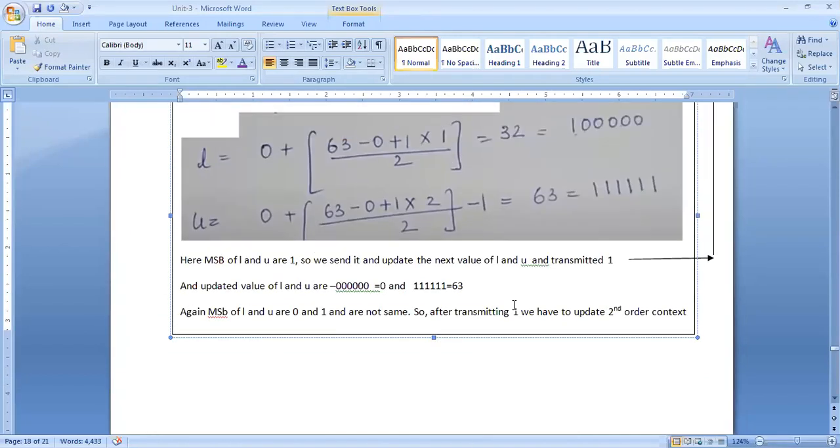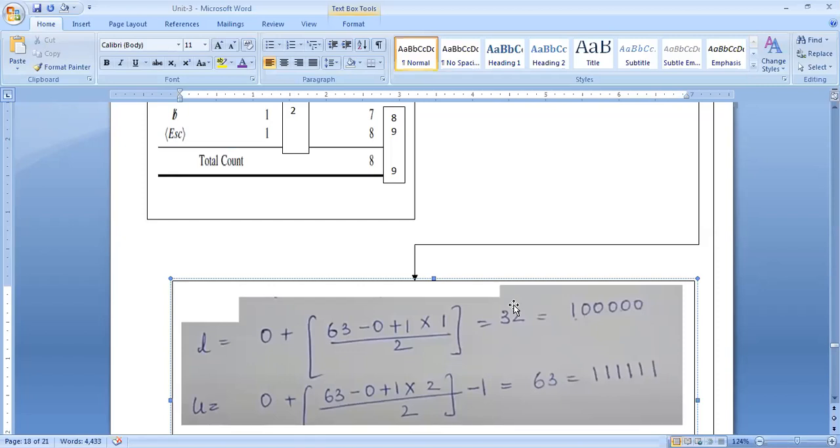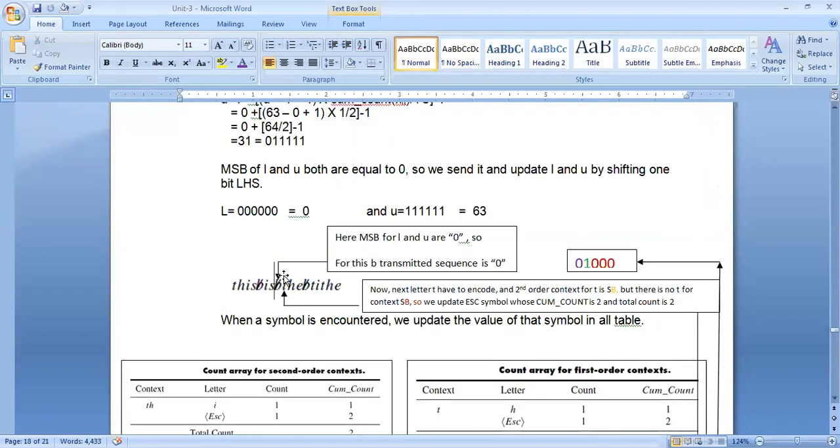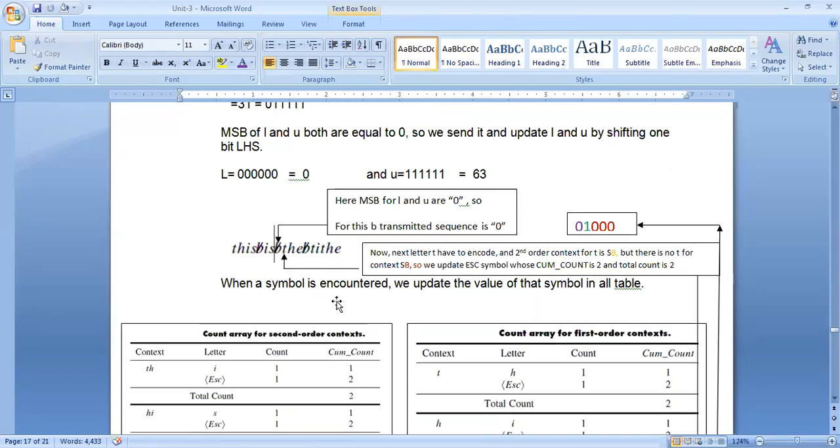And for the second order context, here we will encounter symbol T, and for the second order context, the context is SB cross. See, before T, the 2 letters are SB cross. Okay? So for the letter T, we find the context is SB cross.